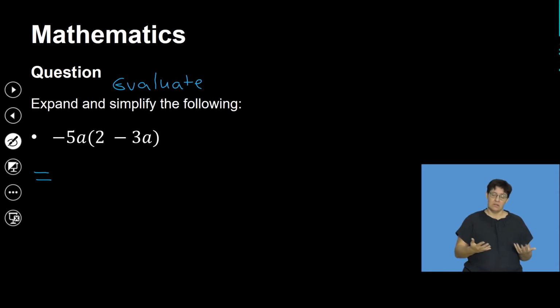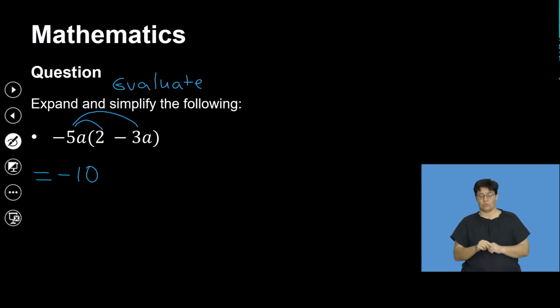Now, to expand this means we need to multiply that by everything that is inside the bracket. Remember, the monomial here is a negative. So negative 5a times 2 will be negative 10a. Negative 5a times negative 3a will then be plus 3 times 5 will be 15. A times a will be a squared, right?